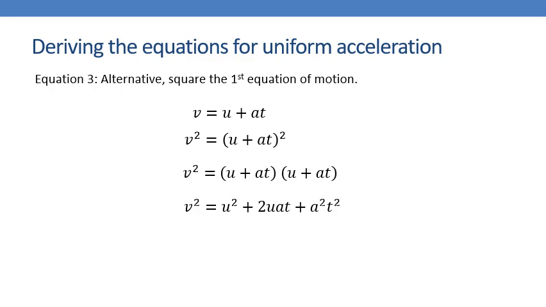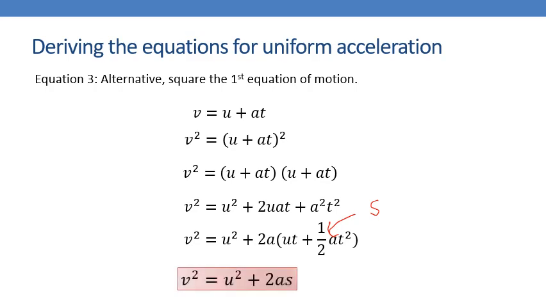So if we take out 2a from this term here and this term here, we will then be able to see, hopefully, that this bit is the same as s. And we end up with our equation of motion.